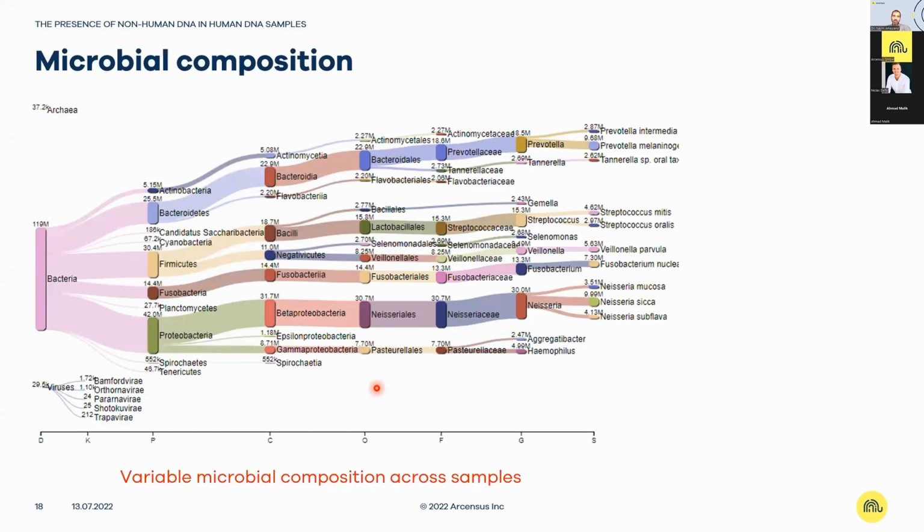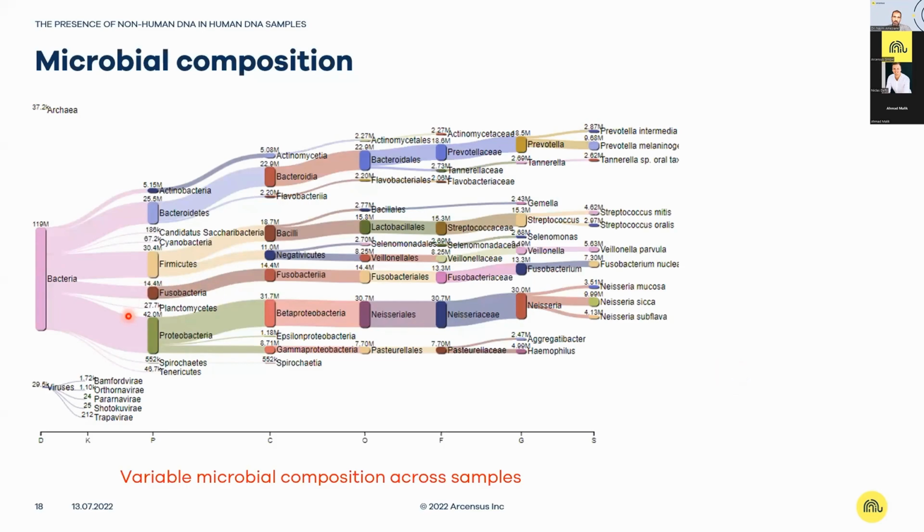And just to give you an example, if we would focus on a single sample, and I don't expect you to read all these different letters that you see here, but this is just an example of how the distribution of the different bacterial species would look like if you dig into a single sample.